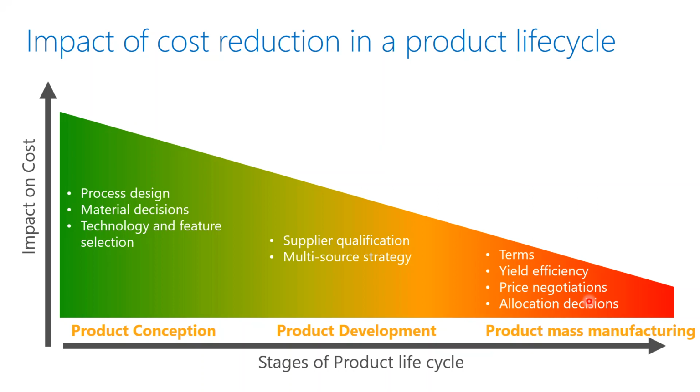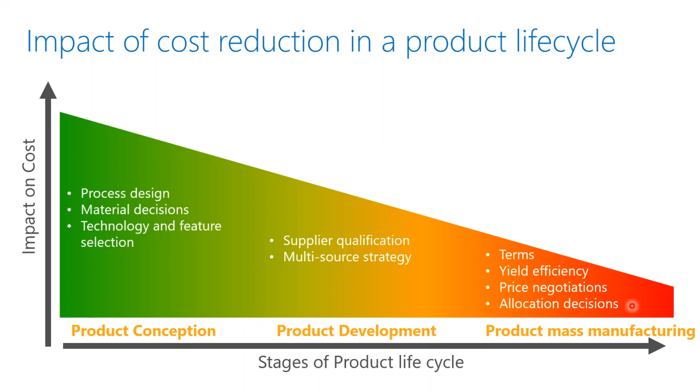You can negotiate just based on the terms, that is commercial terms or Incoterms, in terms of freight cost, payment terms, etc. You can negotiate based on the yield efficiency. Price negotiation you can do in this stage based on the market trends. Then you can also impact the cost based on the allocation decisions.